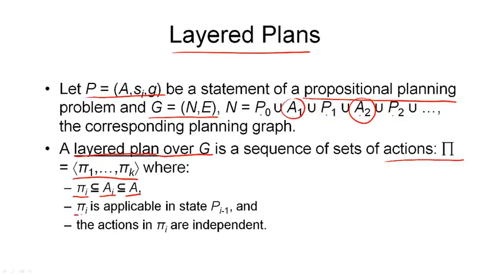Then this set pi i must also be applicable in the state represented by P i minus 1. That is the proposition layer preceding the action layer we're just looking at. Note that this is not necessarily a consistent state. And then, of course, we want all our actions in pi i to be independent. So the main thing here is that our layered plan is a sequence of sets of independent actions, where each of these sets must be from the corresponding action layer.